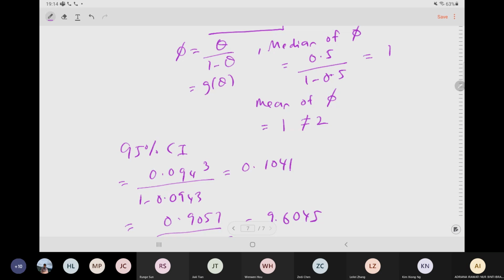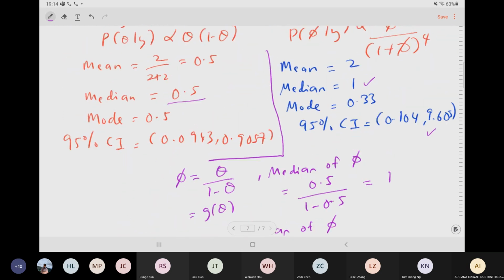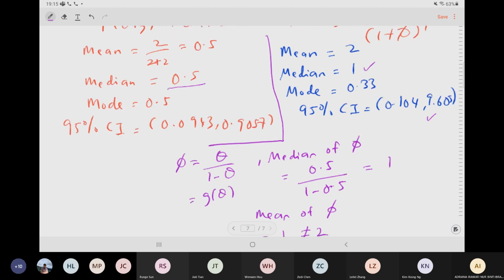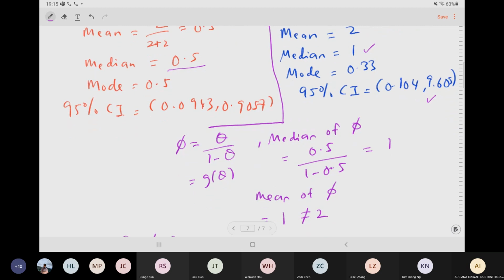That's one good advantage. But the mean and the mode are not the same, they are not invariant. So you cannot just plug in to get the answer.